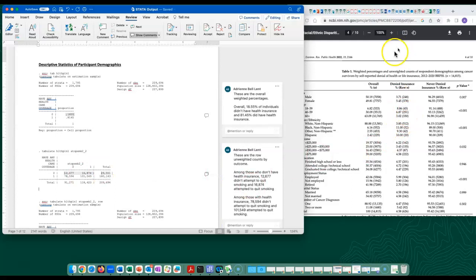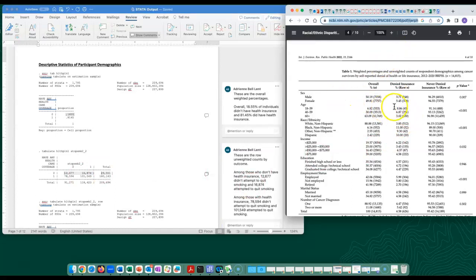Remember, if you look at this sex variable here, we have the row information for males according to this outcome variable. So what we're saying here is that among those without health insurance, 12,677 individuals, the N or the count, did not have a quit attempt. And among those without health insurance, 16,874 individuals did have a quit attempt.